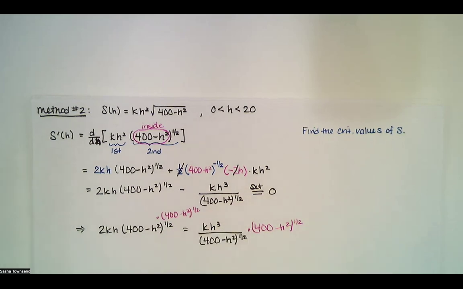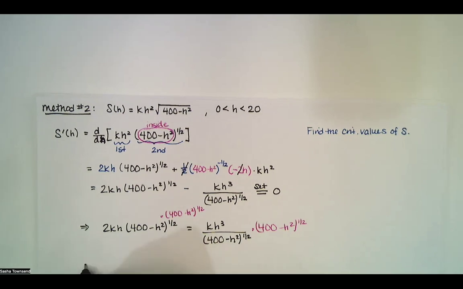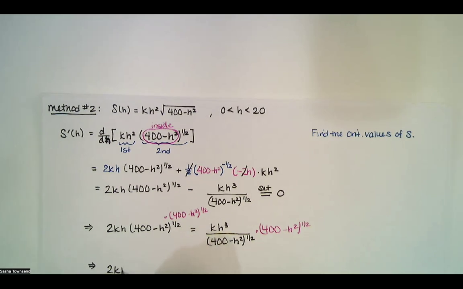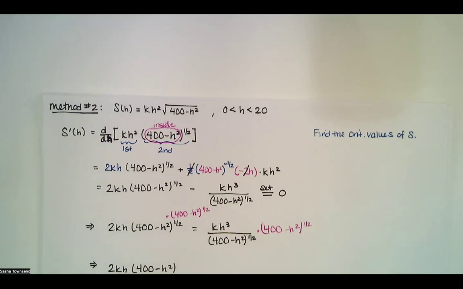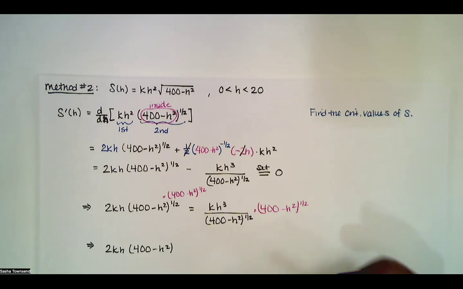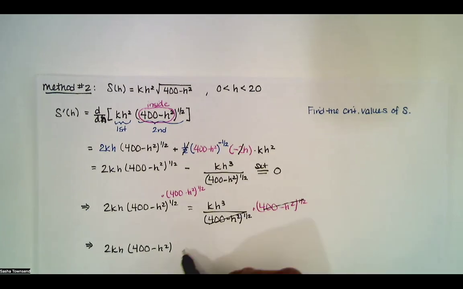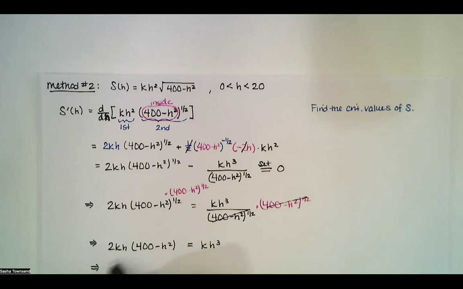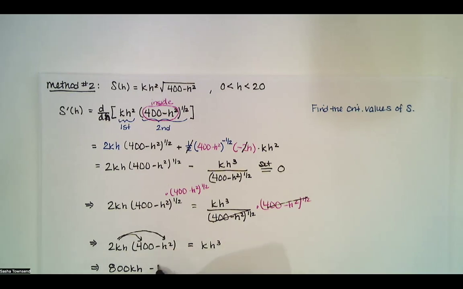my work is a little bit messy now. I've got that square root times itself. On the left-hand side, we're going to have 2kh times 400 minus h squared. And then on the right-hand side, these are going to reduce, and we'll have kh cubed. If I distribute that 2kh, I have 800kh when I distribute there, and then 2kh times the negative h squared is negative 2kh cubed.